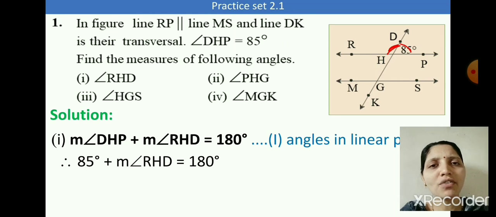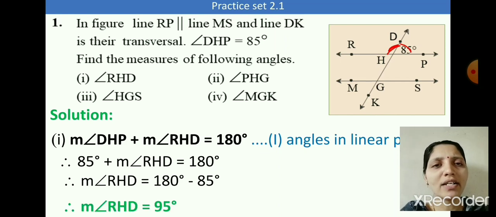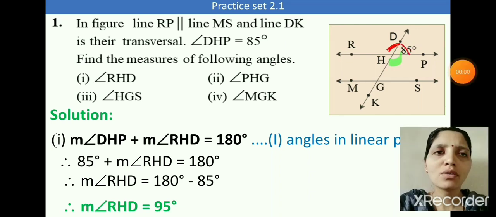Now shift this 85 degrees to the right-hand side. You will get measure of angle RHD is equal to 180 minus 85, that is equal to 95 degrees. So we got the first answer: measure of angle RHD is equal to 95 degrees.